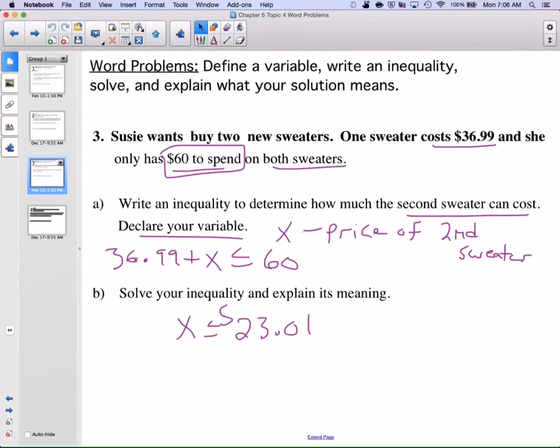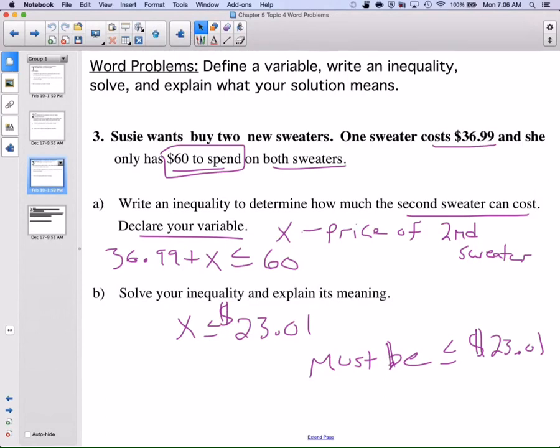So the meaning behind this would be the other sweater must be less than or equal to $23.01 in order for her to afford it with the $60.